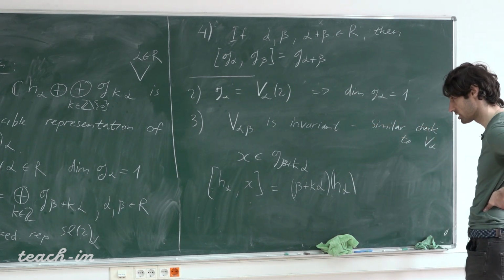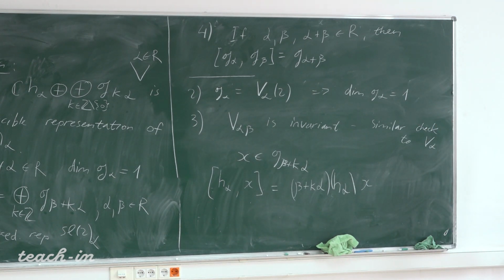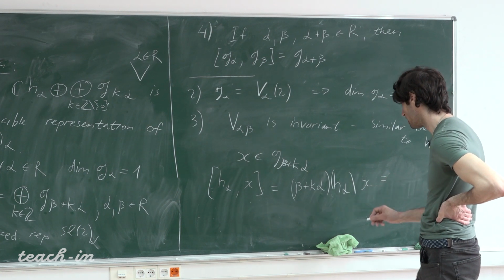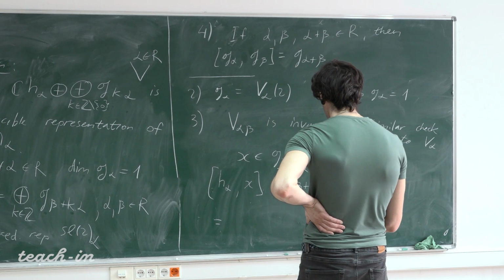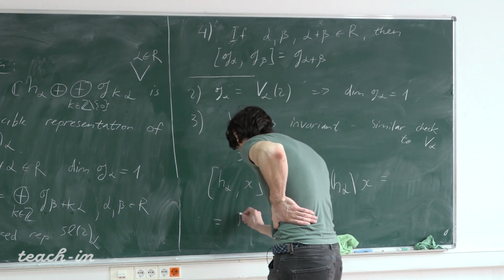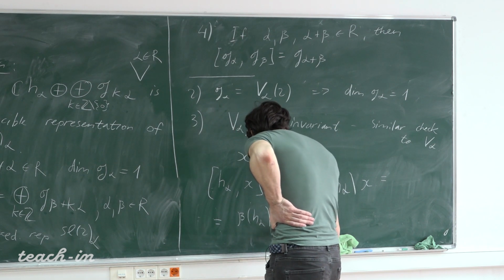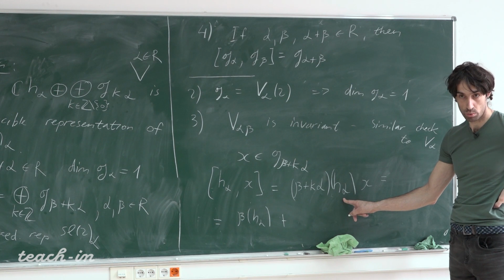I apply it to this times x. By linearity, this is beta of h alpha plus k alpha of h alpha, which we computed is 2, so plus 2k.